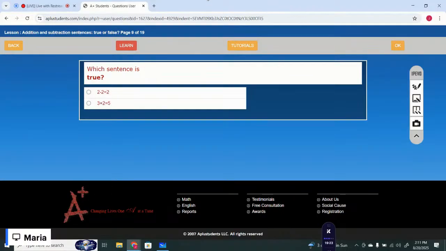Next: which sentence is true? 2 take away 2 equals 2 and 3 plus 2 equals 5. Option number 2 is the correct option.